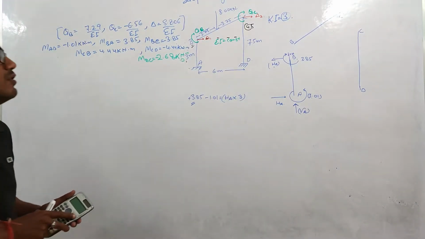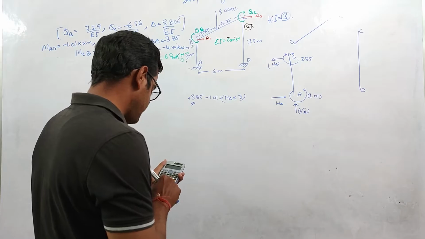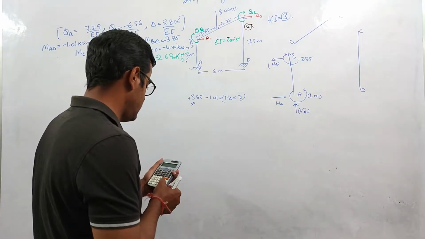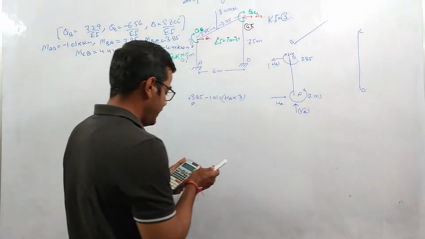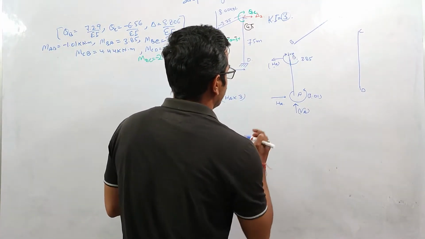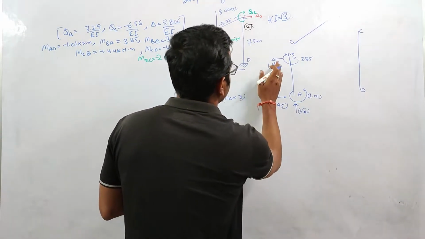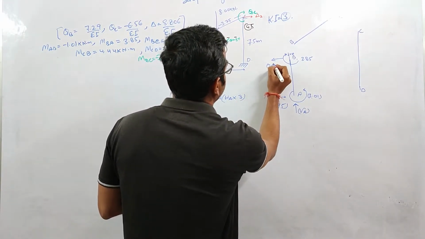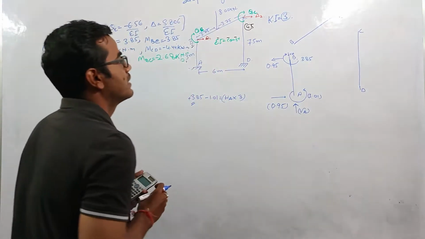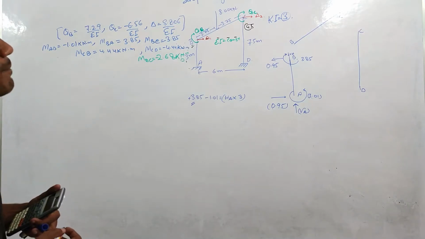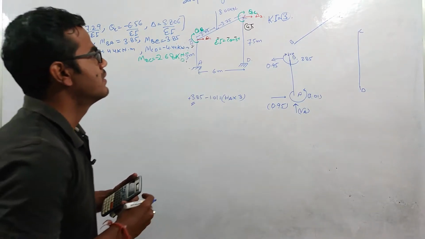The value of this horizontal reaction will be 0.9466, or you can say 0.95. The same amount of force will act over here, 0.95. VA reaction we will calculate later.